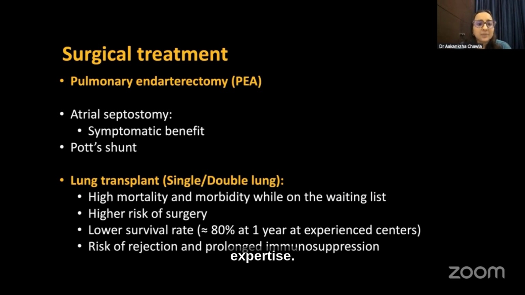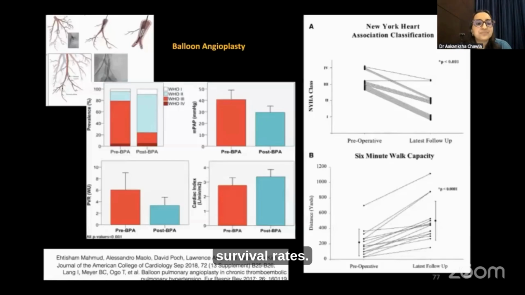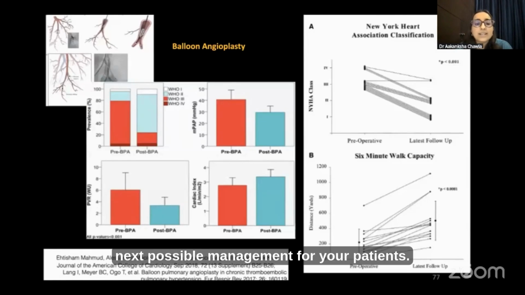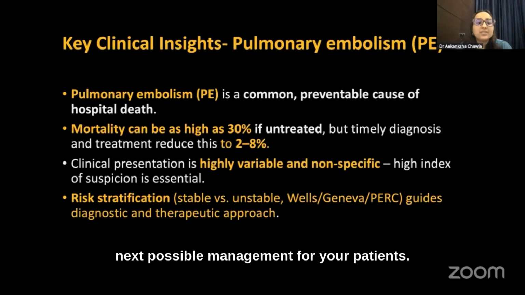It requires expertise. It's a complex procedure, only available at limited centers. And of course, lung transplant, but it is high mortality and morbidity, and it is also associated with lower survival rates. If you can't do surgery, then balloon angioplasty is the next possible management for your patients.